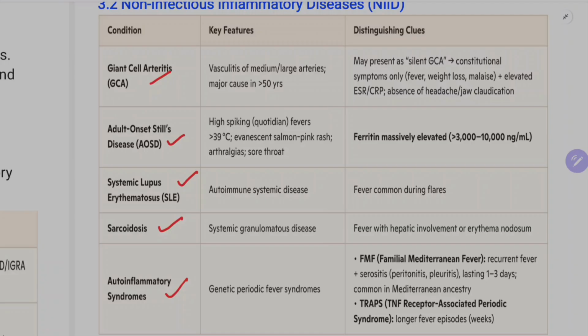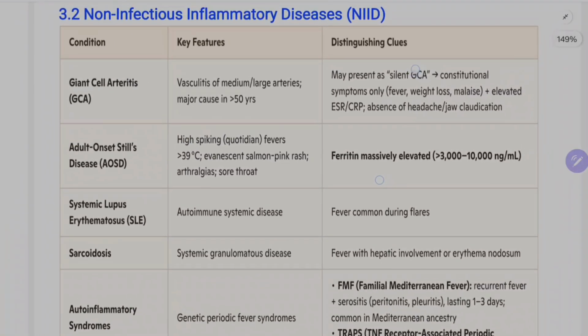So you can remember this as the GASSA mnemonic. G for giant cell arteritis, A for adult onset Still's disease, S for SLE, S for sarcoidosis, and A for autoinflammatory syndromes, GASSA. So let us discuss one by one.